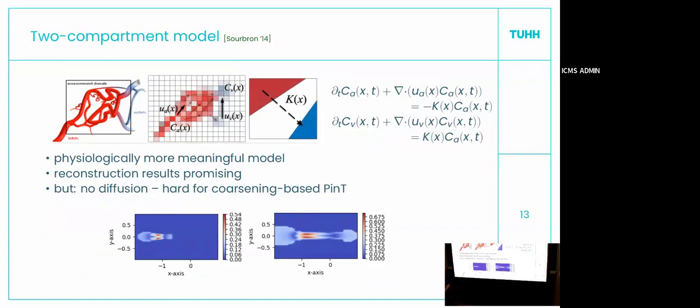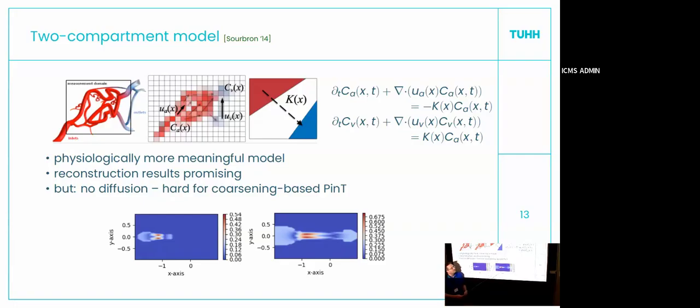You can, of course, computationally treat this somehow, but you can also go to a physiologically more meaningful model where you have an arterial and a venous concentration, as well as a conversion happening in the organ. So this is now no diffusion anymore, just transport in these two compartments.